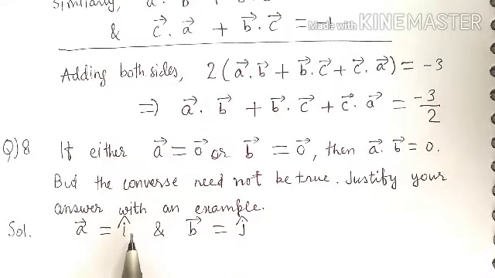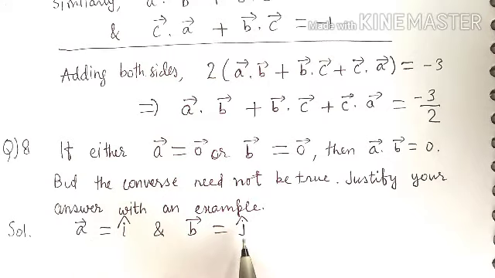We all know that i cap is the unit vector along the x-axis, j cap is the unit vector along the y-axis, and the angle between the x-axis and y-axis is 90 degrees.